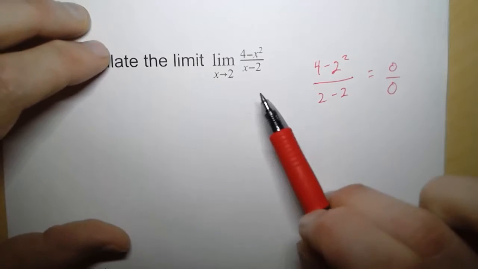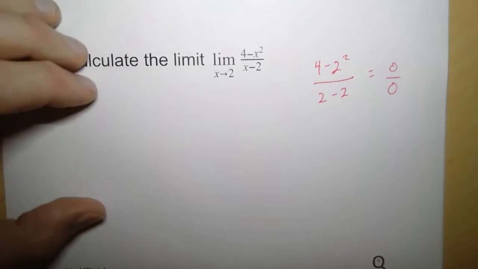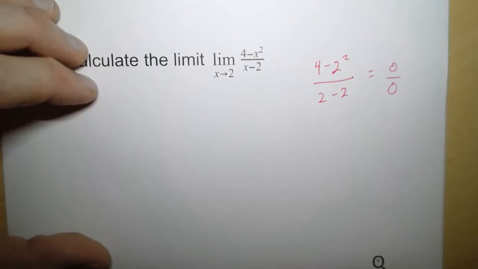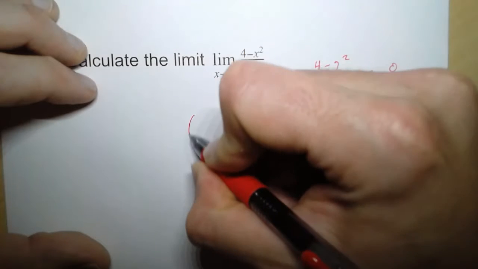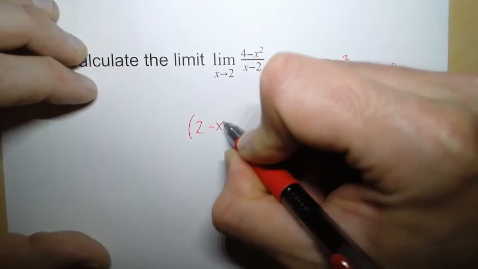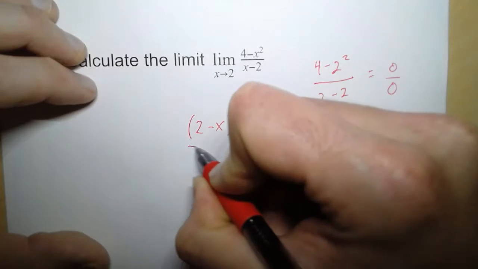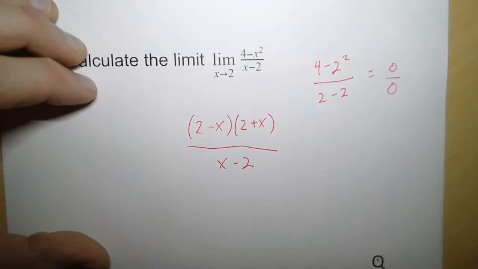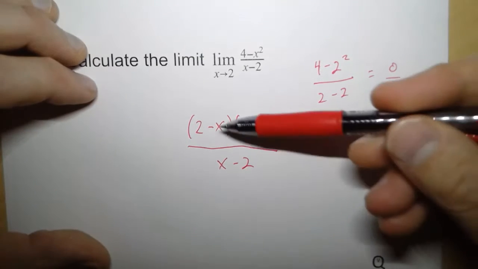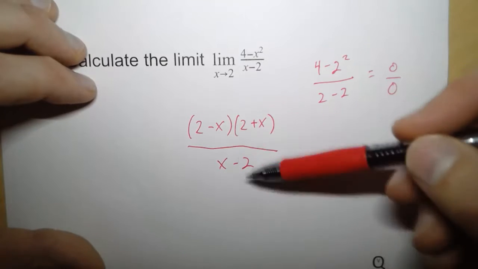So what we do is we look at this expression and ask, how can we simplify it algebraically? Well, the top is a quadratic that we can factor. We can factor the top into 2 minus x times 2 plus x. And the bottom, we still have x minus 2. Now, these two terms are related, but they're not identical because they are opposites.